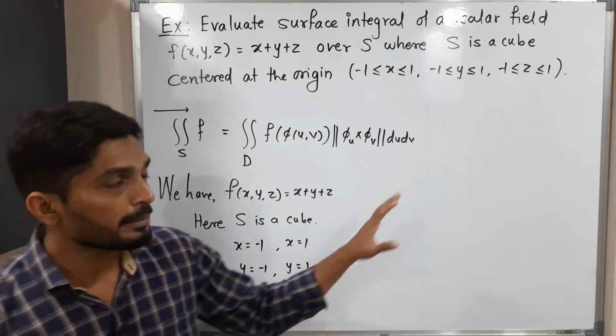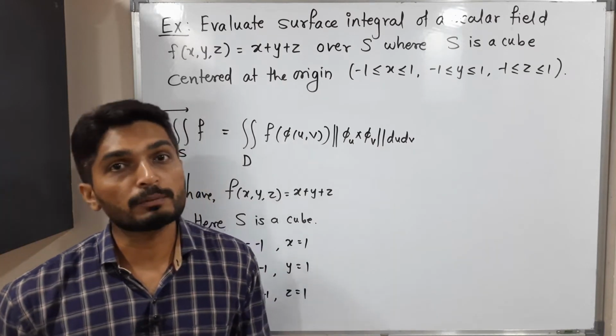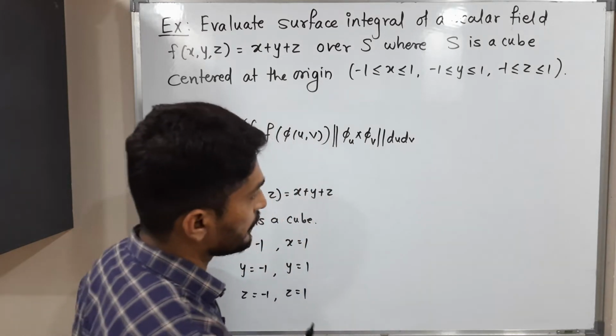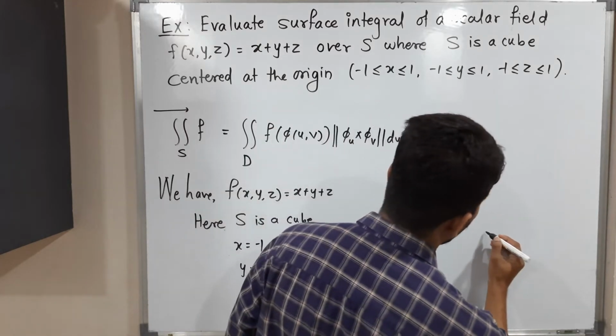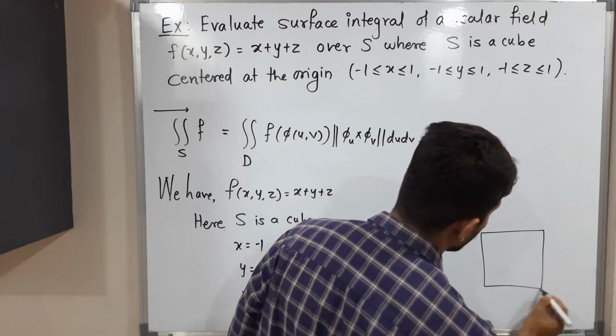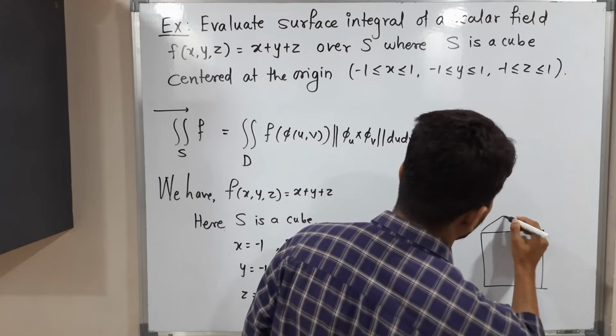Similarly, we can say the same about y is equal to plus minus 1 and z is equal to plus minus 1. So let me draw that cube here so the picture will be clear to you. So we have this type of cube. It has a total of 6 surfaces.